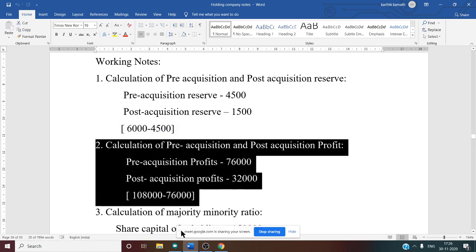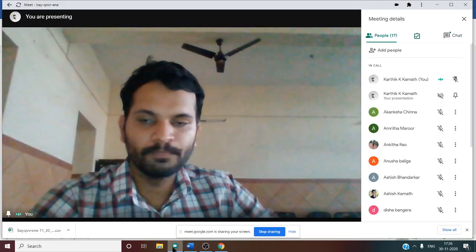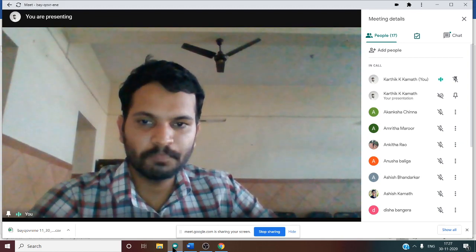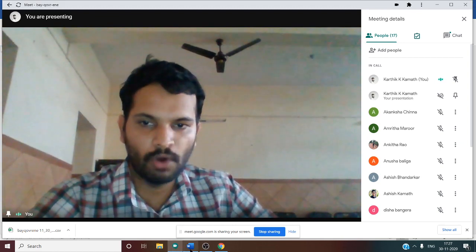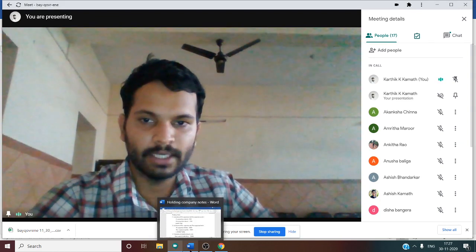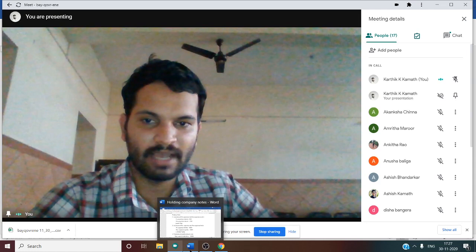Yes. After this, we have to calculate the majority minority ratio. That is working note number 3. For this, one is the share capital of the subsidiary we want. Then the second thing is the paid up value of the share, that is the face value of the share, we want. Then we have to find out the number of shares available in the subsidiary.